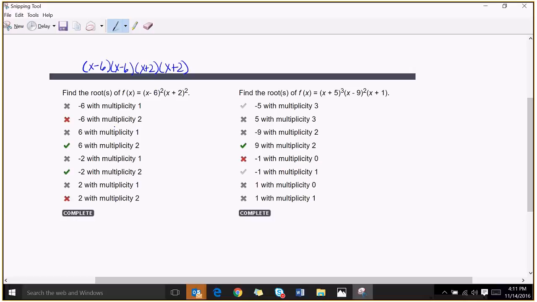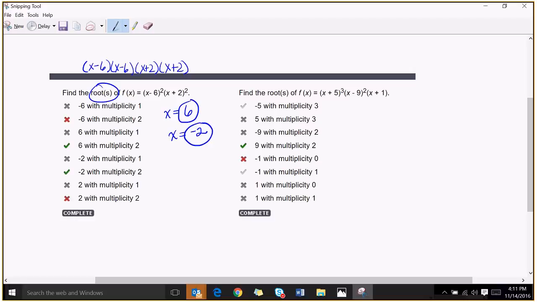Yes. So to find the roots, I would take each one of these and set them equal to 0. Well, of course, x minus 6 and x minus 6 are going to give us the same zero of the function, which is 6, right? And x plus 2 and x plus 2 are going to give us the same one, which is x equals negative 2, correct?